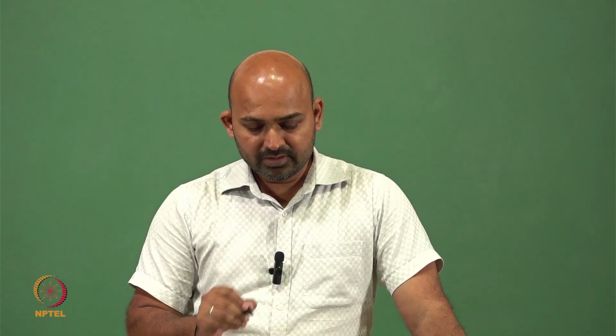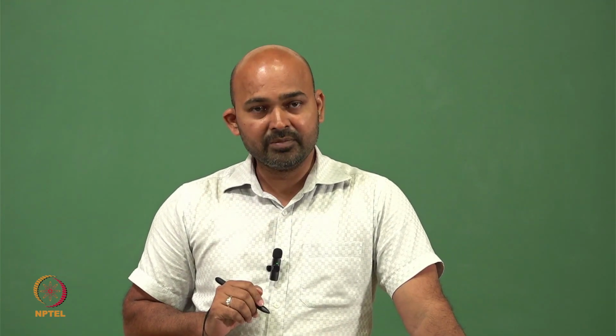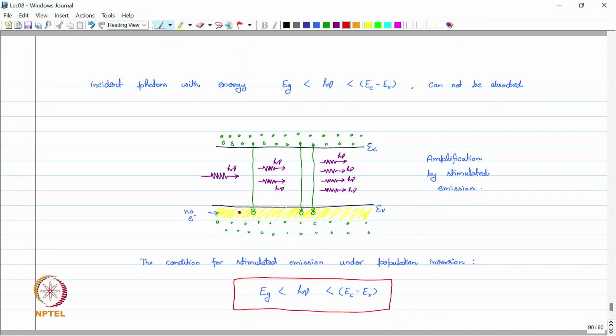So this is how a laser device works, and the condition for stimulated emission is that h nu, the energy of the photon, should be higher than the band gap, but it should be lower than Ec minus Ev, the difference between the conduction band and the valence band.